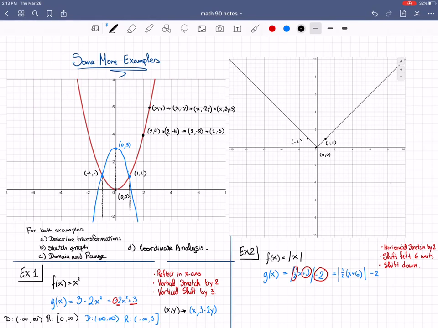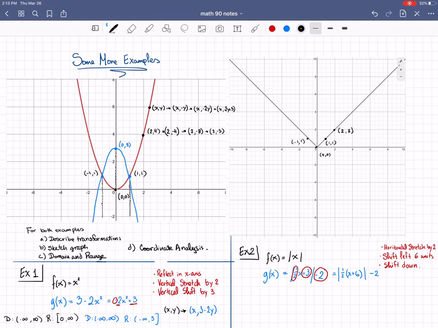And then let's also do 2, 2. You could also do -2, 2, but I think it'll be a little bit beyond the scope of our graph. Okay, so here we go.